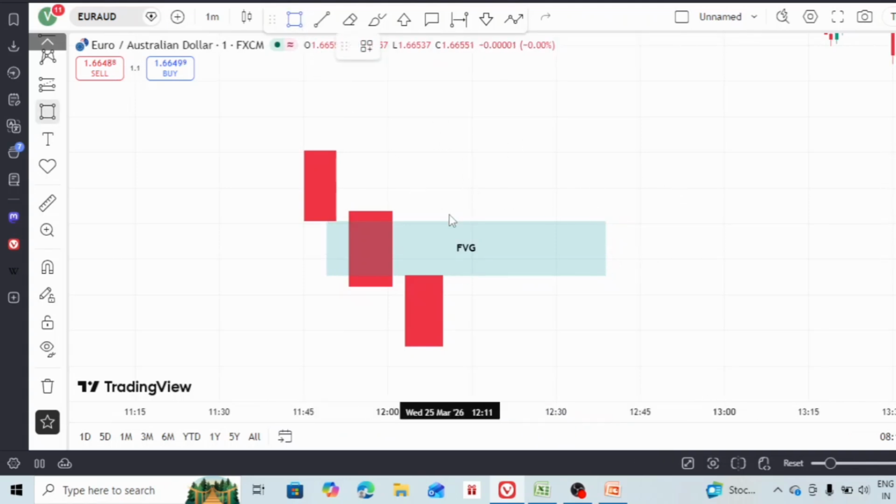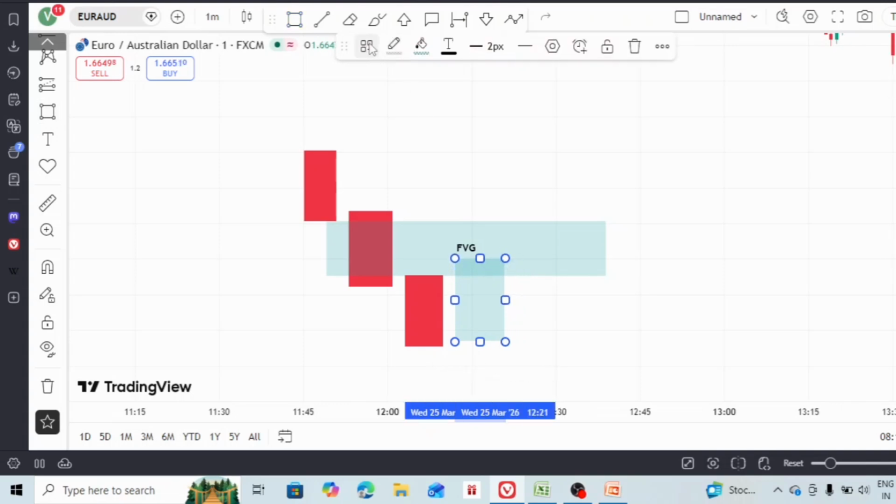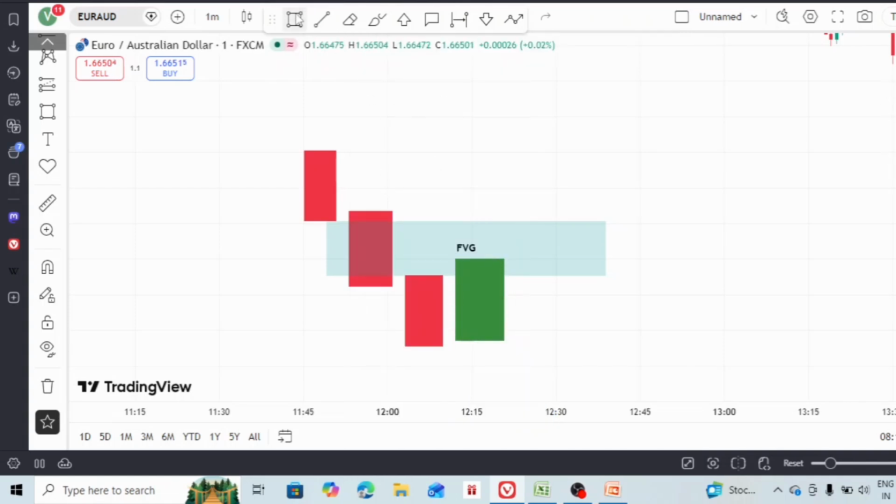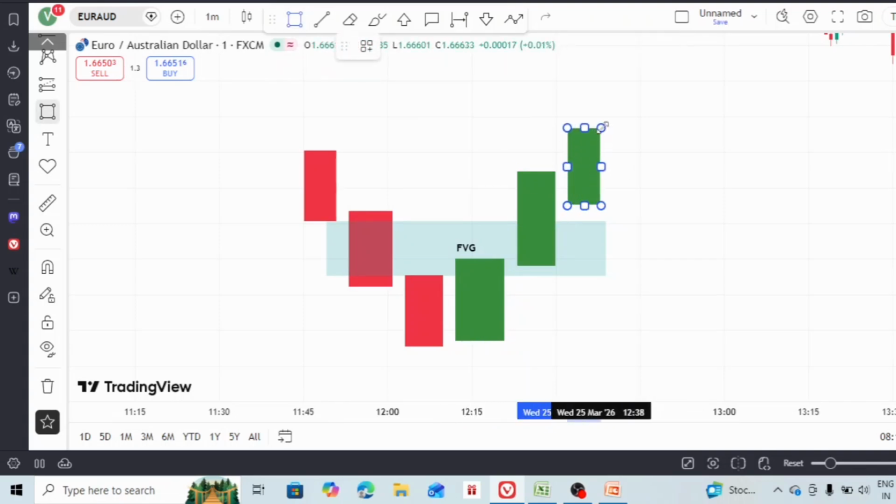But the market did not respect this bearish fair value gap, and it broke out like this. Then this has become our inverse fair value gap.